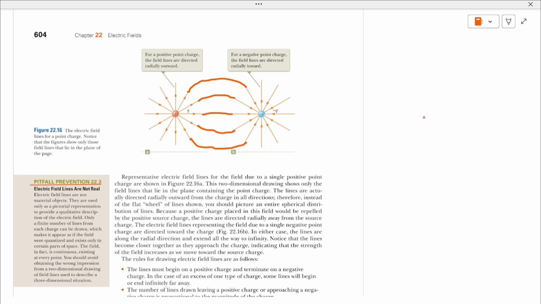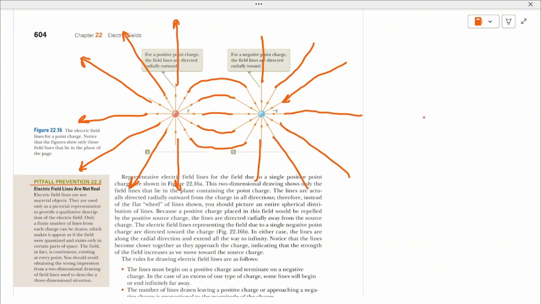Or if there's no negative charge present, the field lines extend towards infinity, which means just draw them pointing away from the positive charge with arrows towards infinity. And then likewise for the negative charge, they extend from infinity and end on the negative charge.